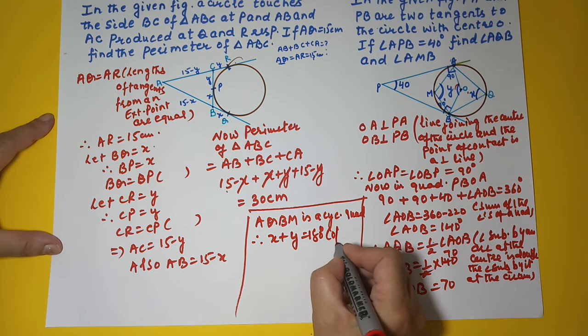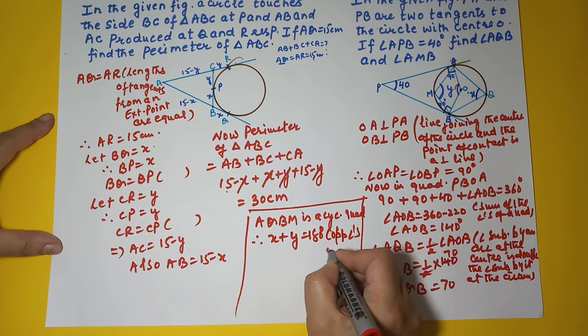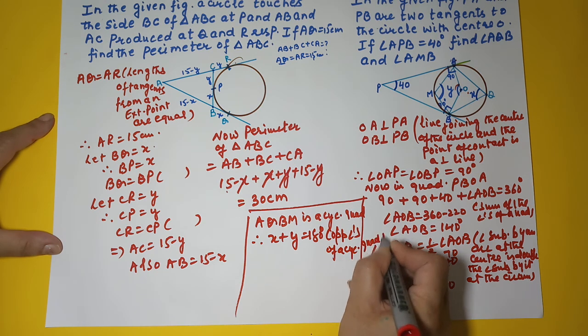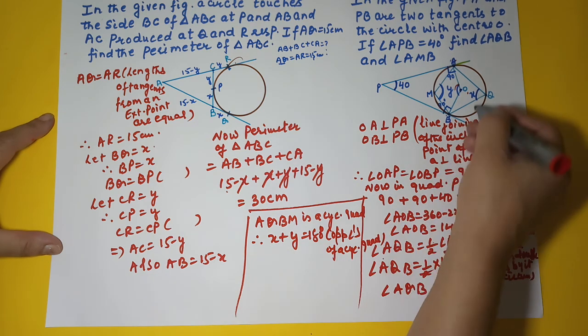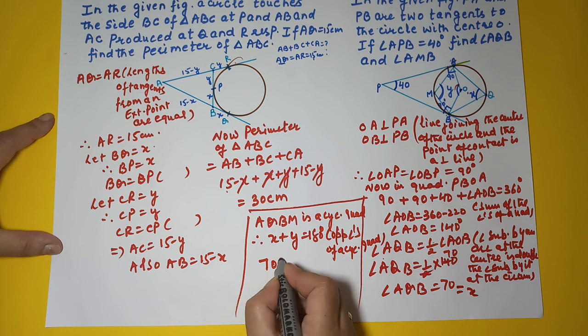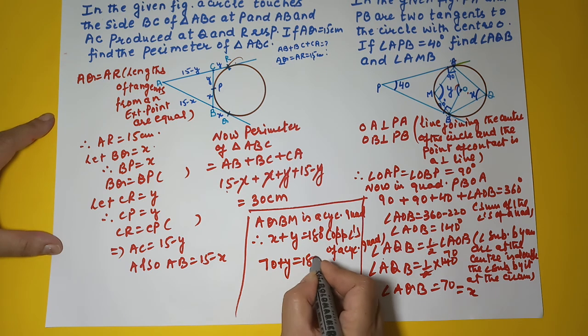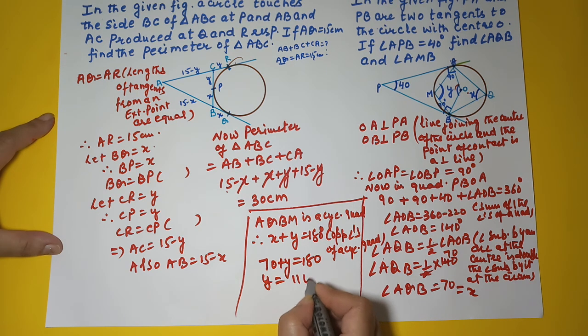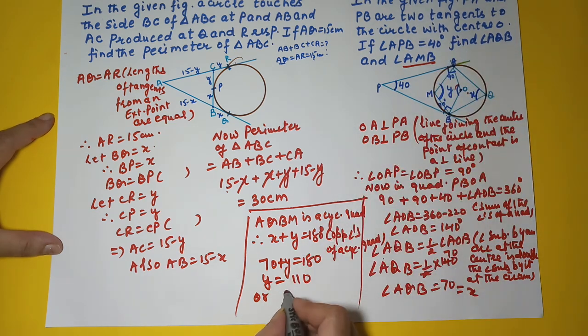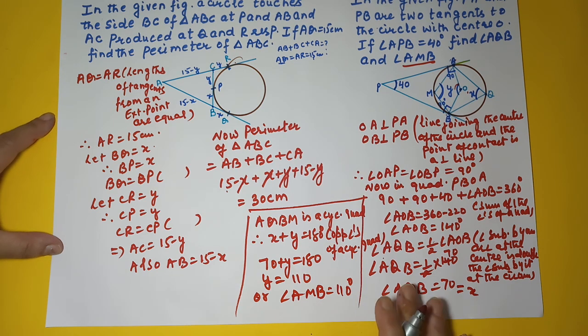You know that opposite angles of a cyclic quadrilateral are supplementary. Your x you have already found, which is your AQB, is 70, plus y is equal to 180. So y is equal to 110. Which angle is your y? AMB. Angle AMB is equal to 110 degrees.